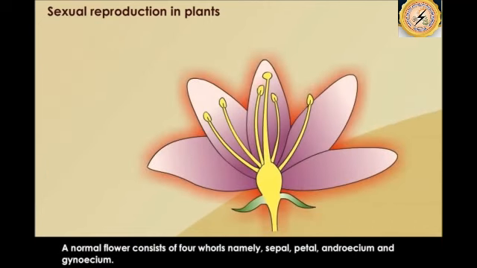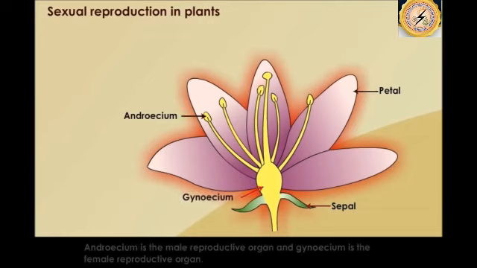Now, a normal flower contains four major whorls, that is, the sepals, the petals, the androecium, and the gynoecium. Here you can observe it out. The outermost, the green color structure, the sepals, the colorful petals, the androecium, which is the male part, and the gynoecium, which is the female part.